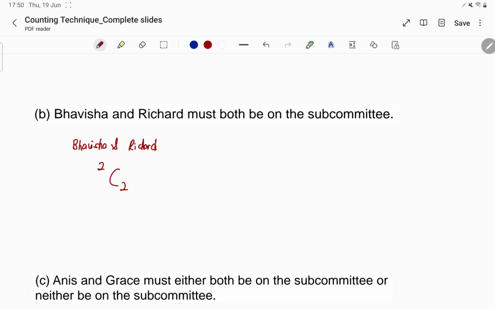Then we already chose 2, and now we want to choose another 2 from the rest. The remaining is 8, because we already chose Babisha and Richard. So we have 8C2, because this 8 is for the remaining. So you get 2C2 multiplied with 8C2.